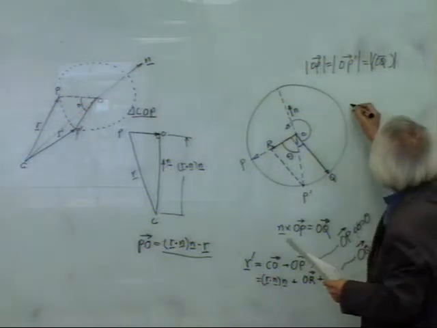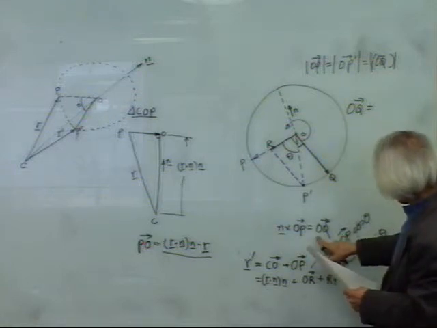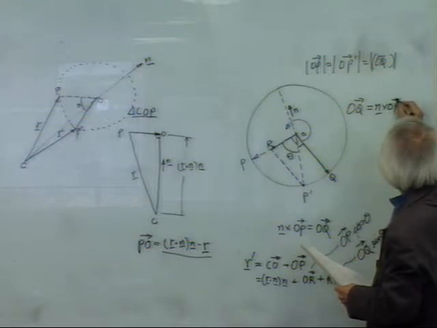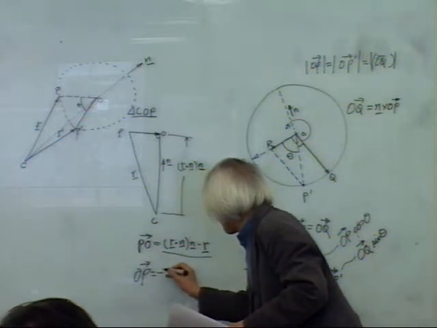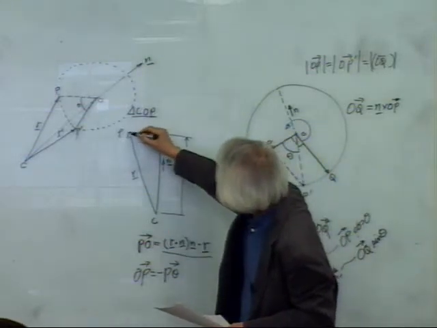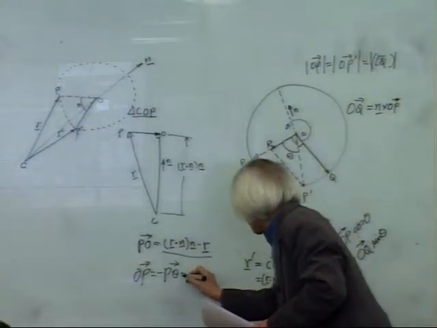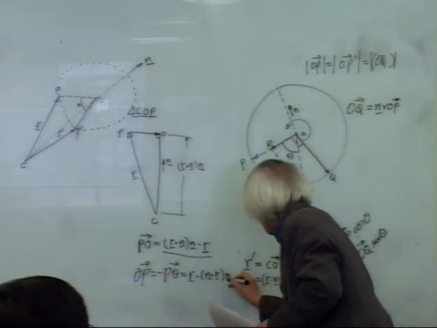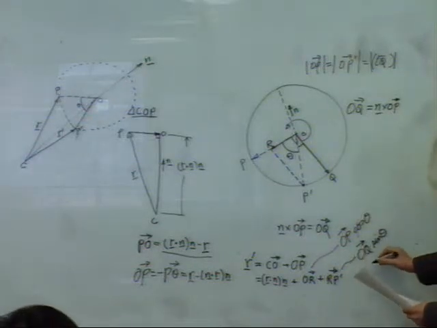Now, OQ from here to there, we already computed this one. N cross OP. We now realize OP is just the negative of PO, right? If you measure a vector this way, if you measure the other way, it's just a negative, right? Okay, that is just R minus NR, and so that we got OQ.